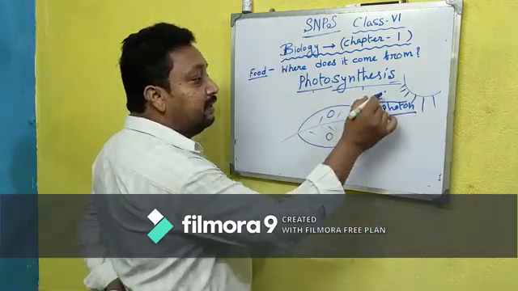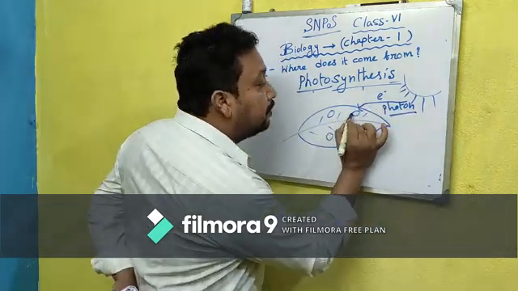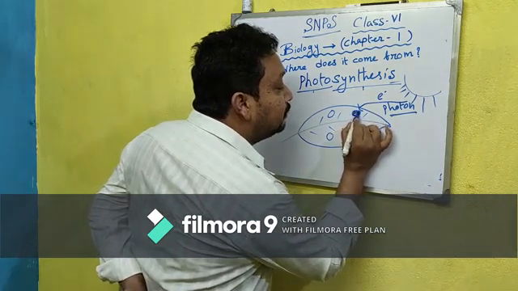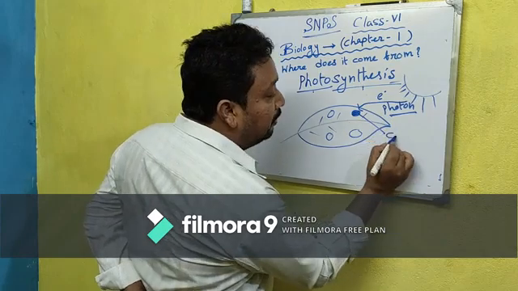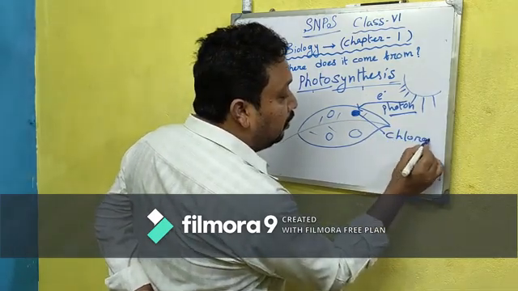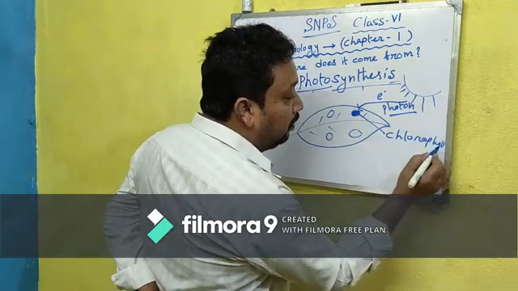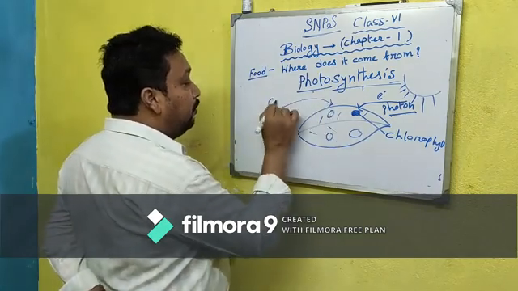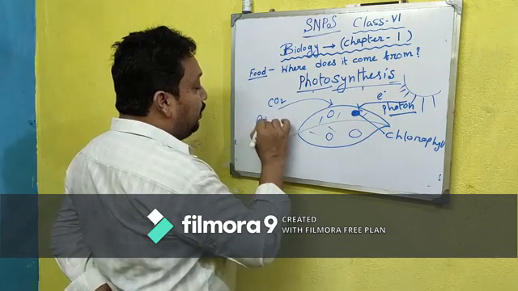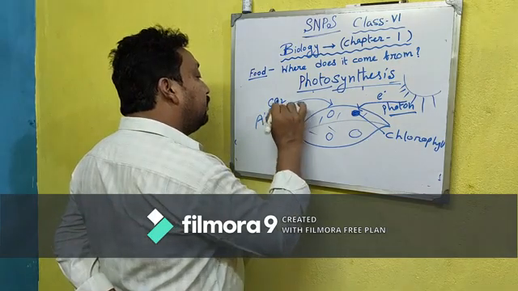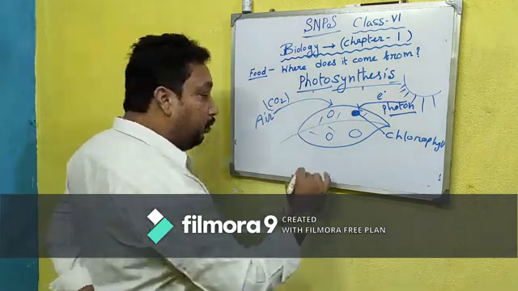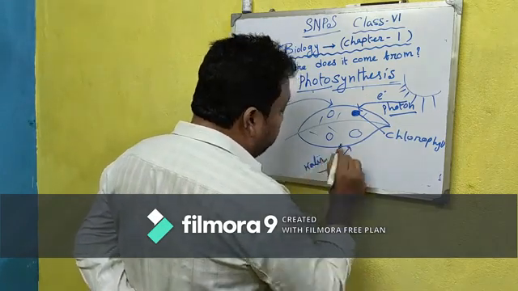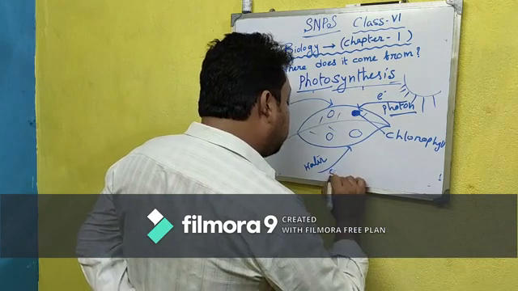Those photon particles stimulate the pigment, that is chlorophyll. Carbon dioxide comes from the air, and water comes from the soil.